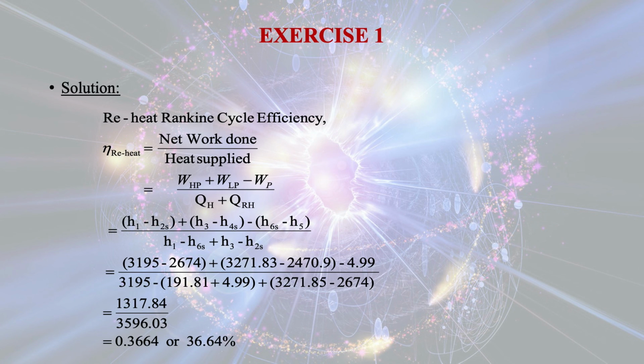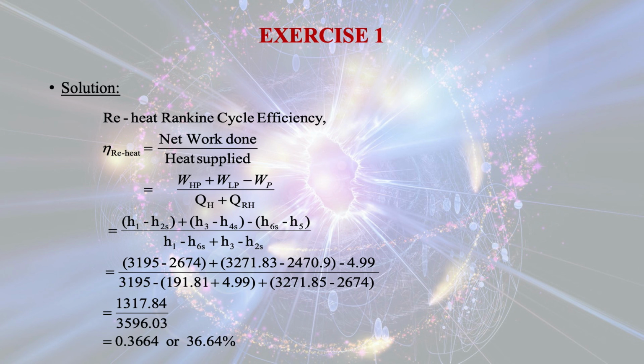Now the reheat cycle efficiency, eta reheat, is equal to the net work done divided by the heat supplied. Net work done means the work done by the high pressure turbine, that is H1 minus H2S, the work done by the low pressure turbine, that is H3 minus H4S, and WP is also known.